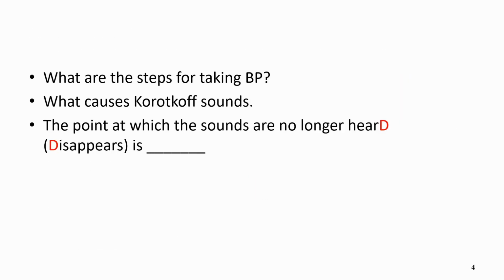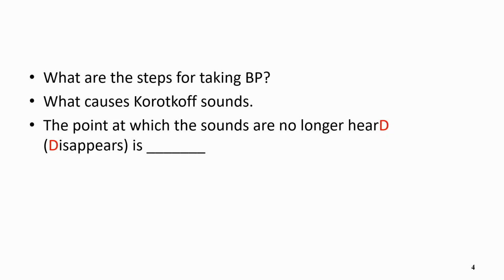So, a question just for you to think about. What are the steps for taking the blood pressure? Just refer back to the lab manual and ask what are the steps that you have to take to measure blood pressure using a cuff. What causes the carotid cuff sounds? The simple answer indeed is turbulent flow, because when the blood is flowing without any pressure on the artery, you will not hear a sound.